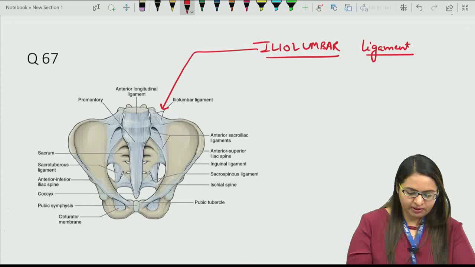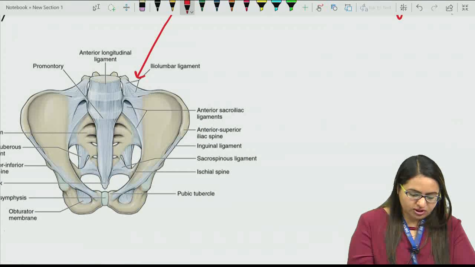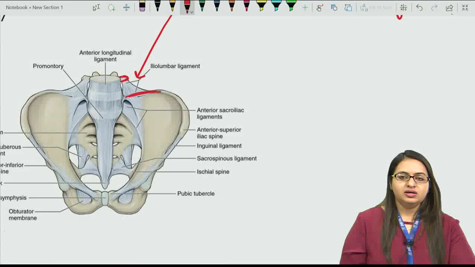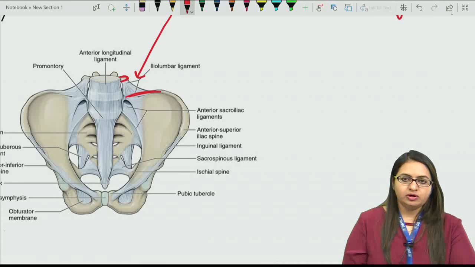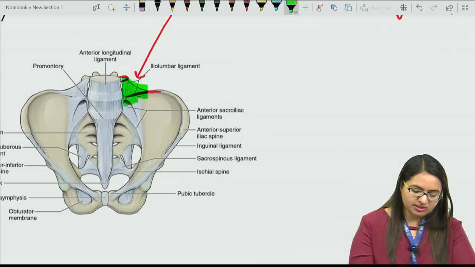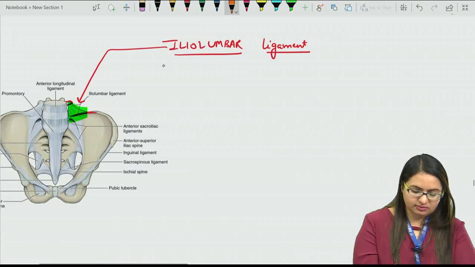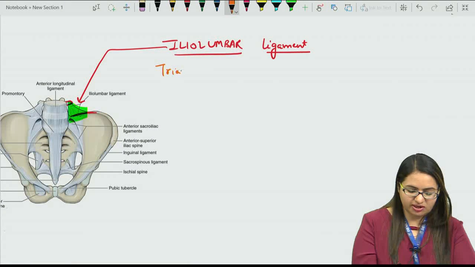In the picture, the iliolumbar ligament begins from the transverse process of L5, and goes till the posterior portion of the inner lip of the iliac crest. This whole portion is the iliolumbar ligament. It is a triangular ligament.